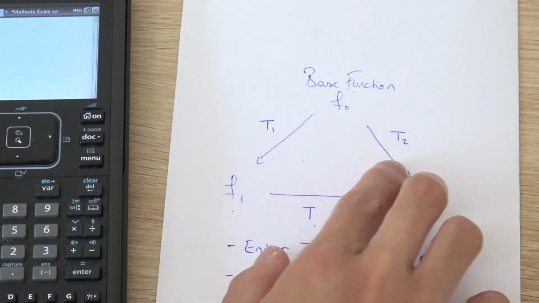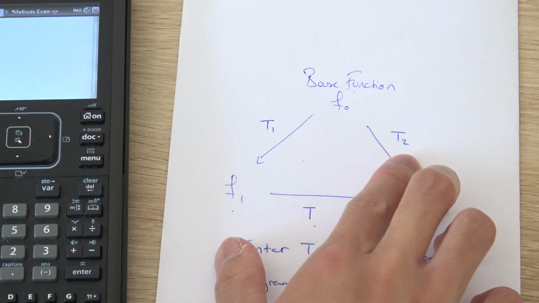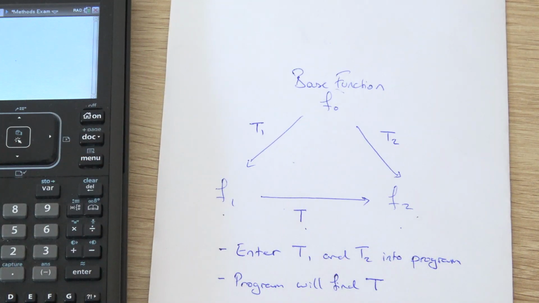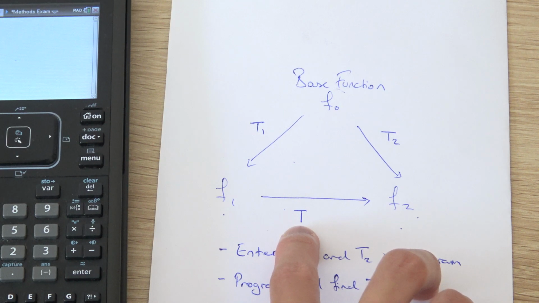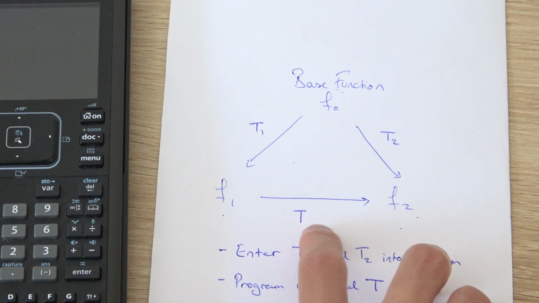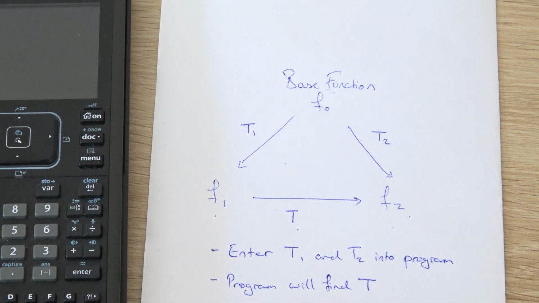If we can describe these two transformations and put them into the CAS, which isn't really that difficult to do, the CAS can automatically find this third transformation for us, which takes us from f1 to f2.